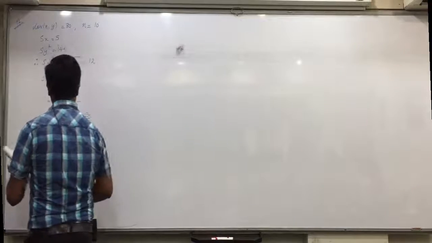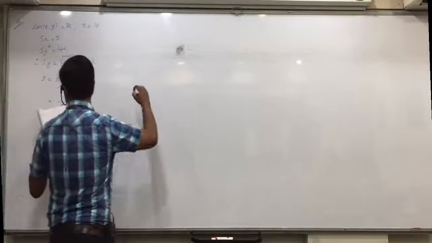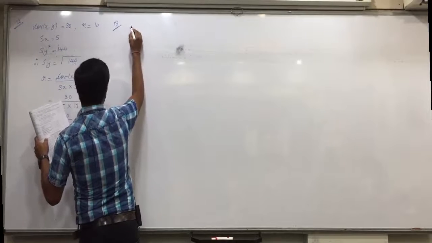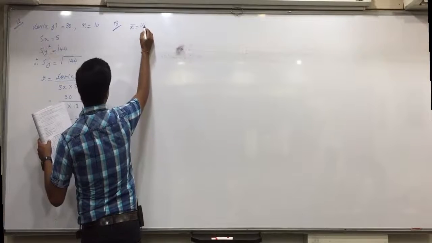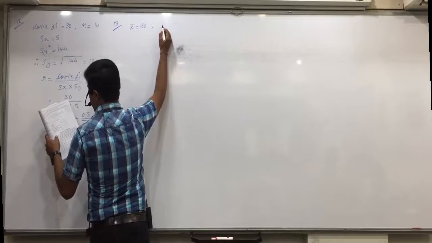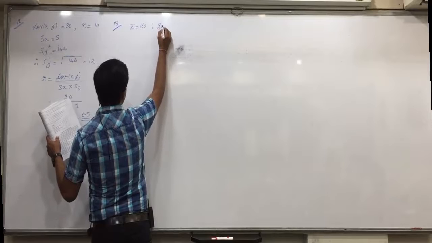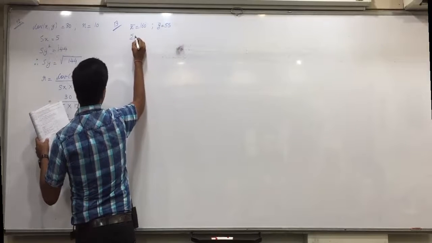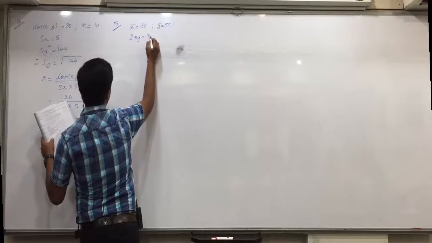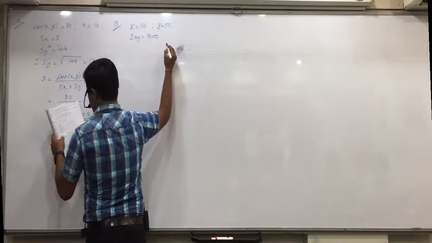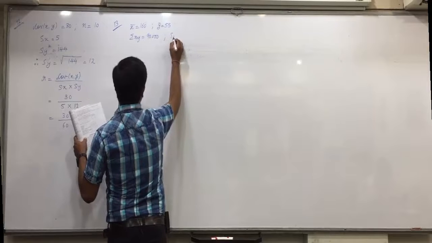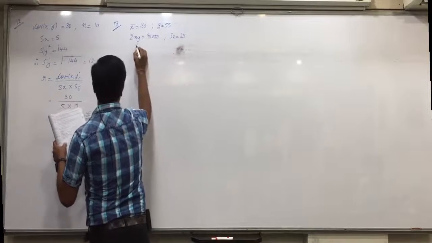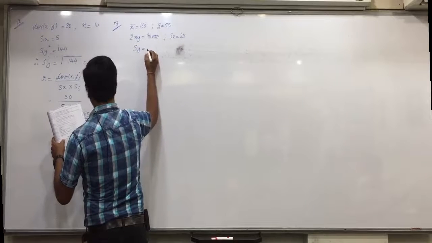So first again, let us write the information given to you. You are given x bar equals 160, y bar equals 55, sigma xy equals 90,000, Sx is equal to 25, Sy is equal to 10.